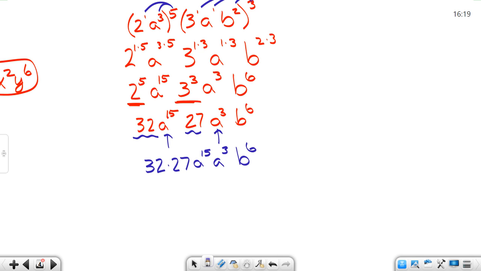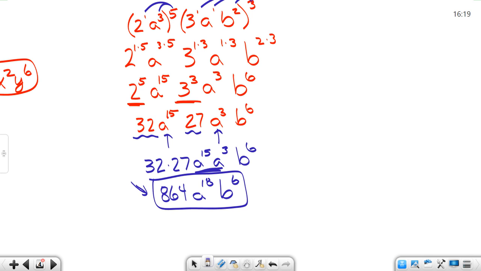32 times 27 is 864. I am going to shortcut this here, guys. A to the 15th times a to the 3rd is a to the 18th. And then I'm going to tack on my b to the 6th. And there's my simplified term. Again, guys, remember that this term here is the same thing as what I started with.